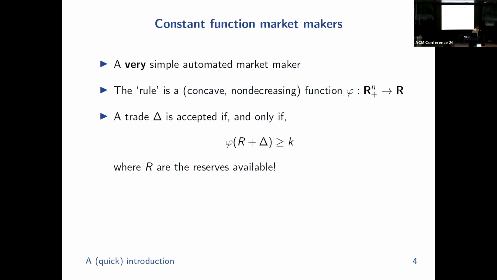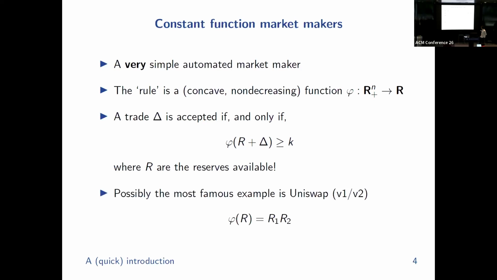And here, the rule is that a trade is accepted only if the reserves, if the trade were to be accepted, are at least as large as some constant k. So that's fairly simple. It essentially asks, look, if I were to accept this trade and I'm netting out my reserves, is this function at least as large as k?